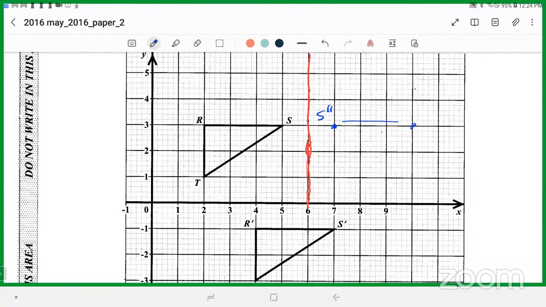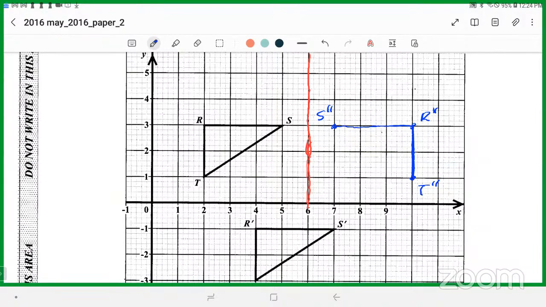Remember, the length of this side is 3 units. The size doesn't change. So R prime is coming right here, R double prime. And then this one is coming right below it, the same number of units, 1, 2, 3, 4. So it's coming right below the R on the other side over here. That's T double prime. And you just use a ruler and draw a triangle like that.